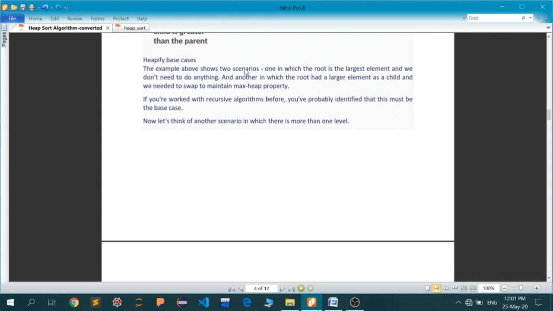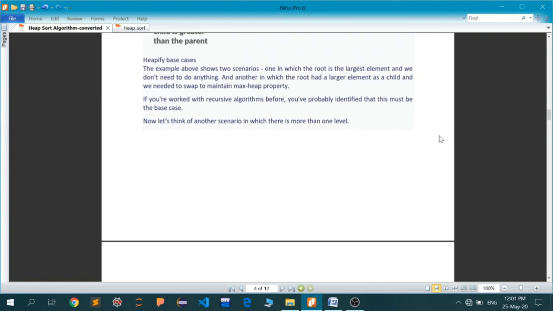The example shows two scenarios: one in which the root is the largest element and we don't need to do anything, and another in which the root has a larger element as a child and we need to swap to maintain the max heap property. If you have worked with recursive algorithms before, you have probably identified that this must be the base case. We have only three elements. If we have sorted all those three elements according to the heap constraints, then we are done with it.